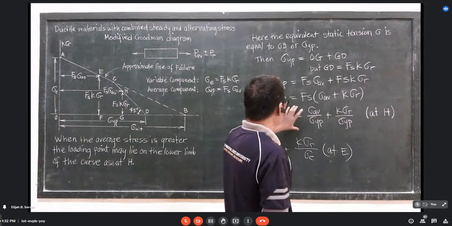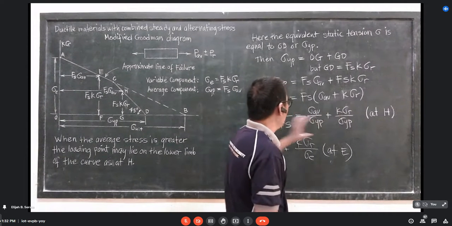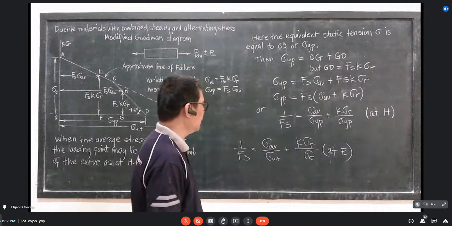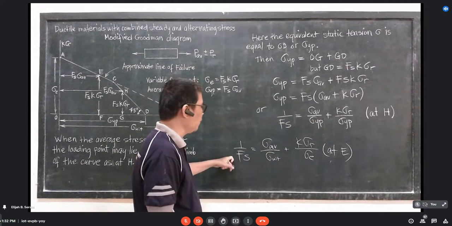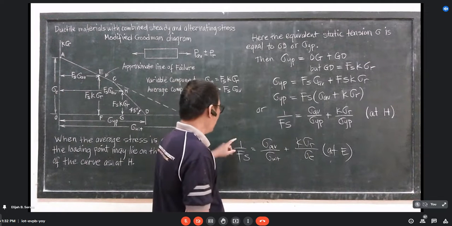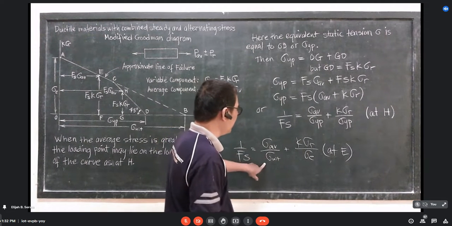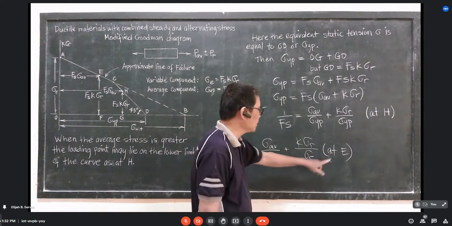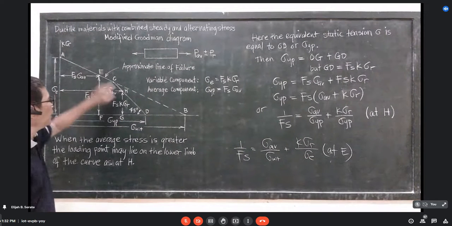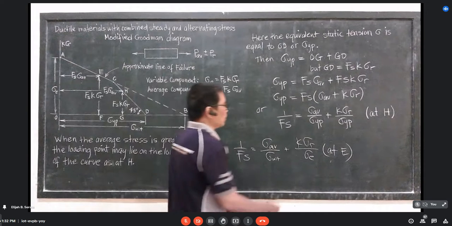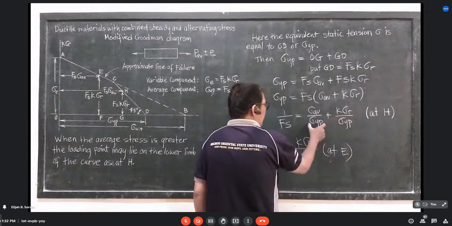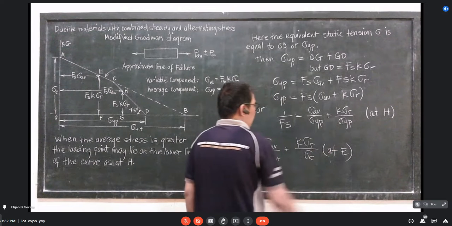Doesn't this formula look familiar? If you look at the previous formula at E, 1 over the factor of safety, average over ultimate, K range over endurance. This is at E. When we are here at H, you will notice that the denominator for the average and the alternating stress is only the yield point.